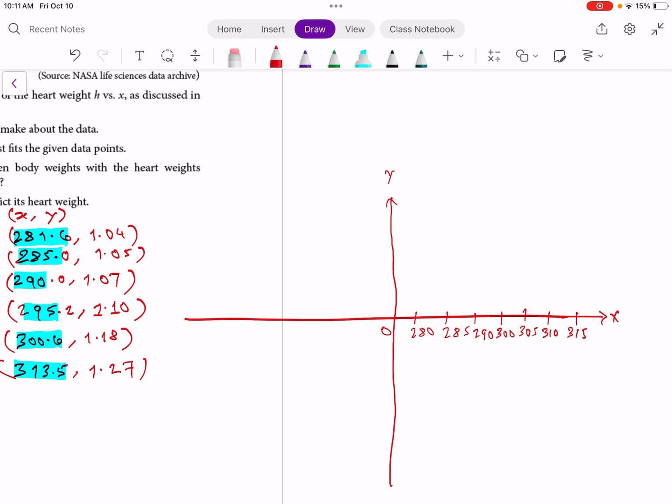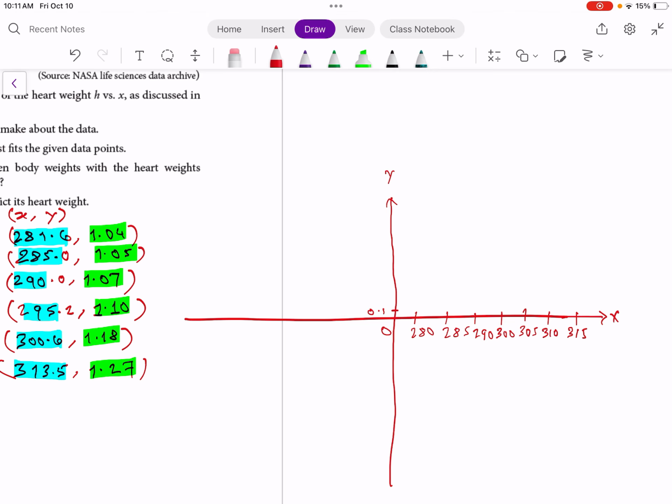Now for the y-axis, we have 1.04, right, 1.05, 1.07, 1.1, 1.18, 1.27. Now how do you want to have a scale along the y-axis? Okay, so let's call this our 0.1.